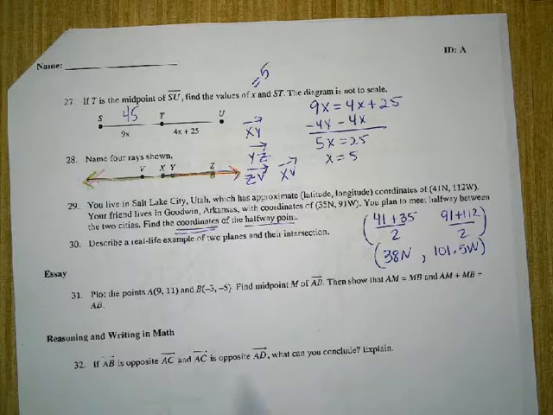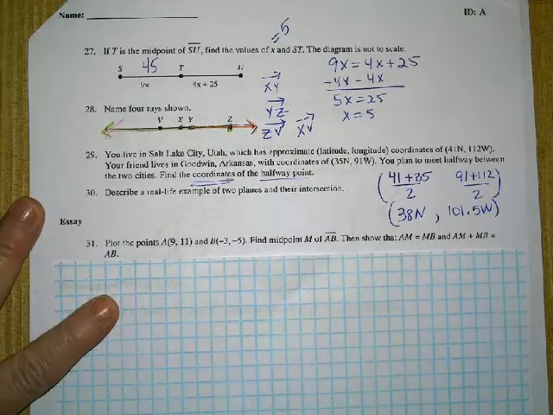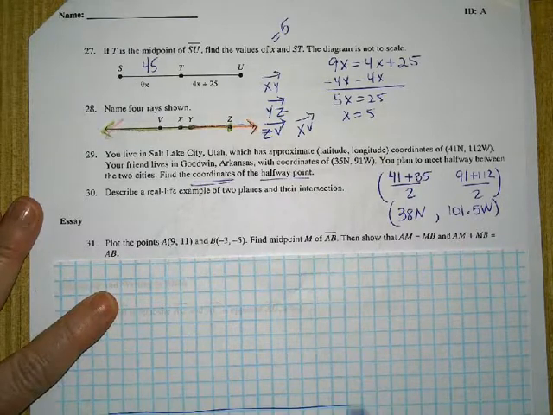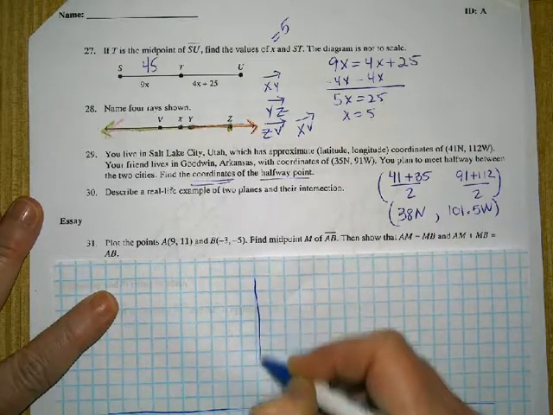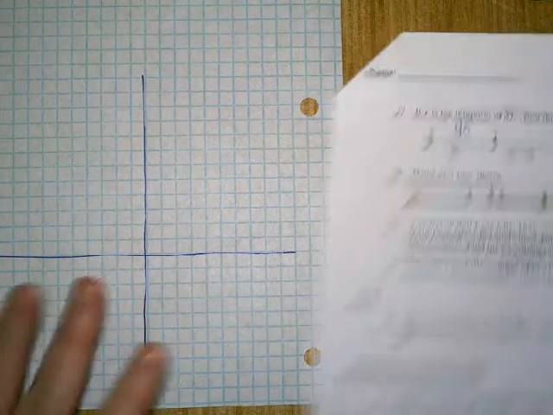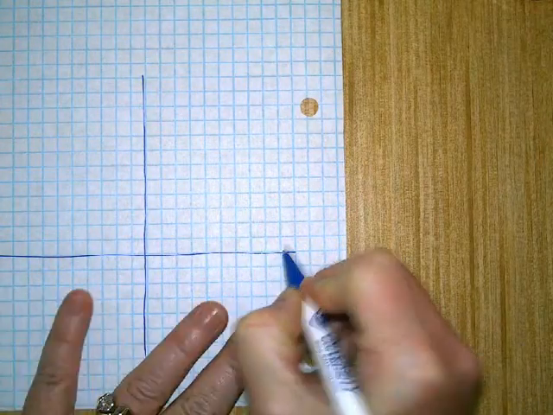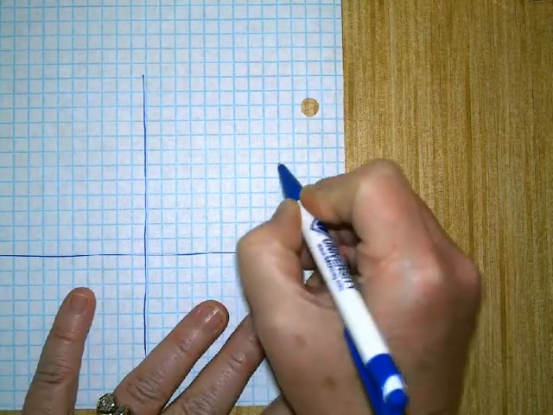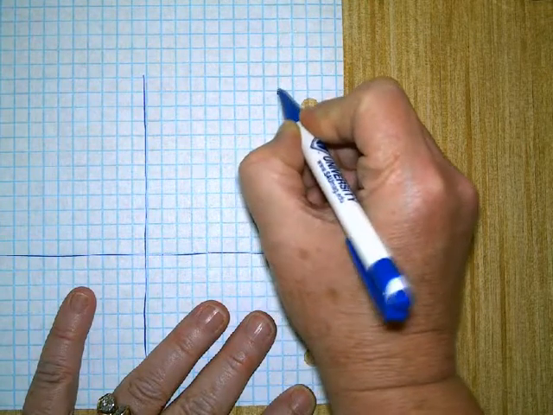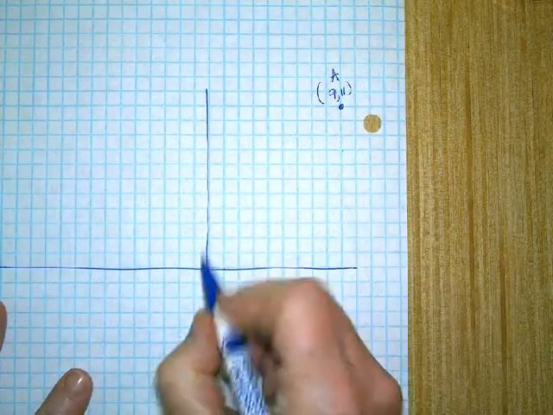Plot these points and find the midpoint. Let me get the grid drawn. I don't know that I've left enough room. I might have to do it this way. And it says 9, 11. And that's A. And then it says -3, -5.